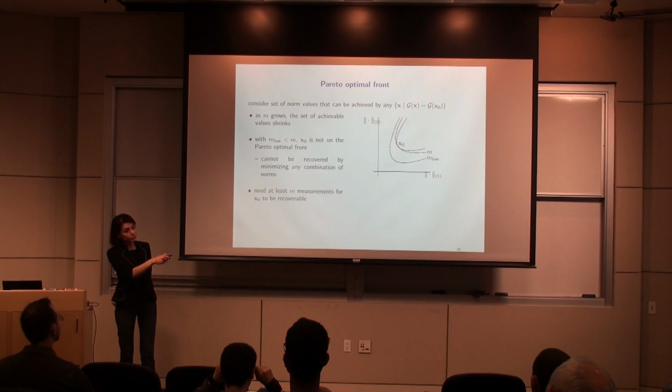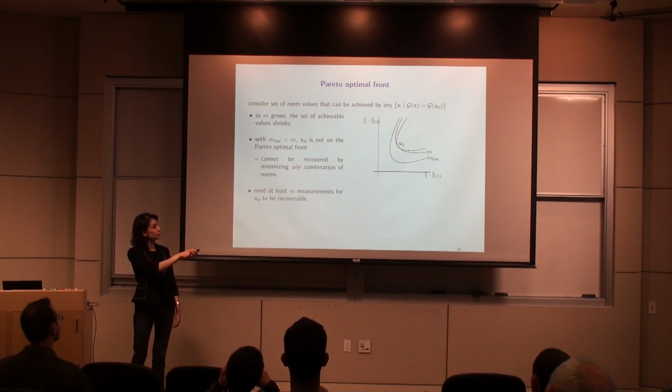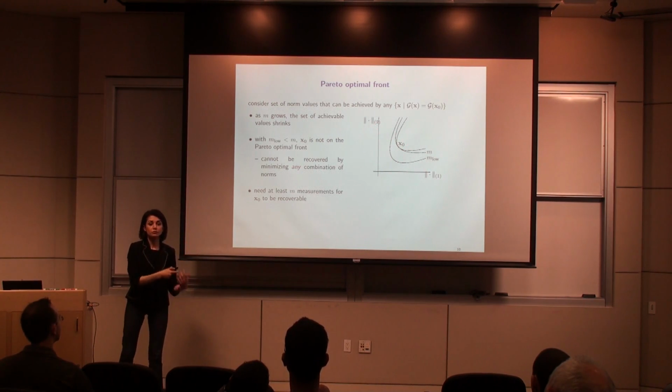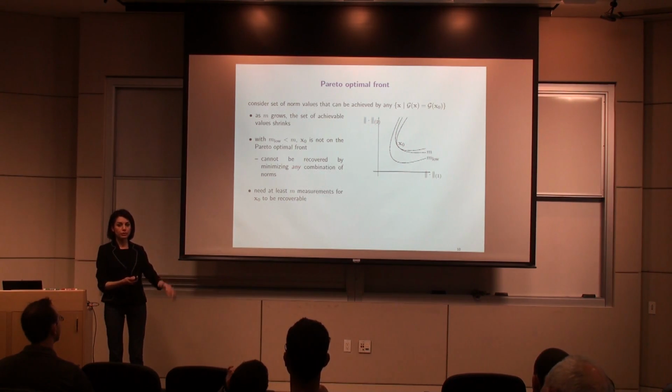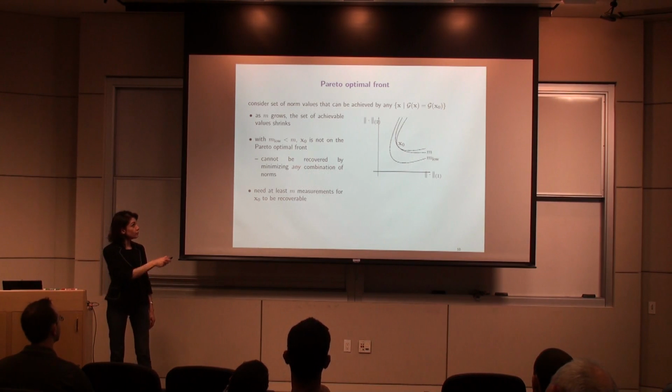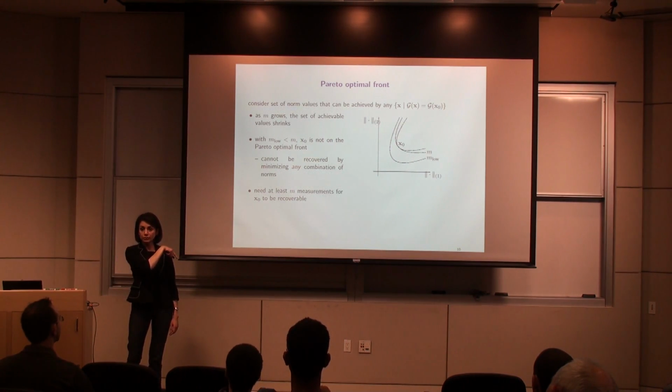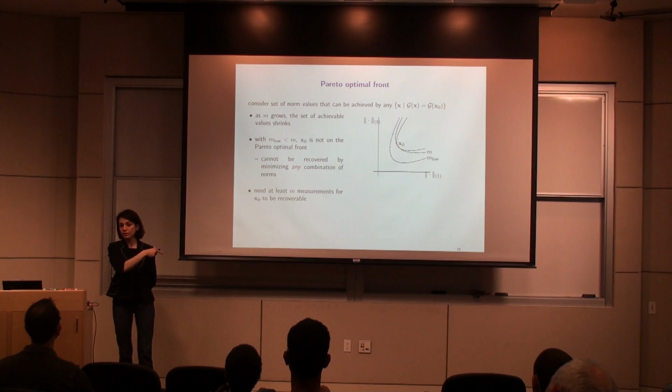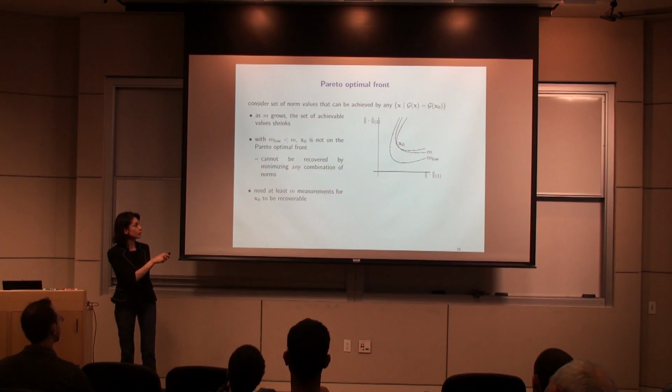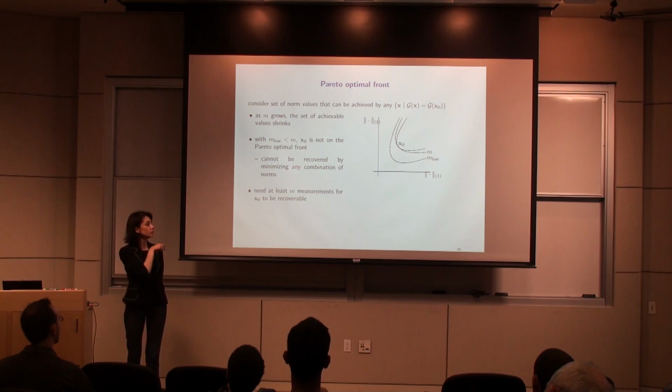If the x0 that I want to recover lies on the Pareto curve, then I can always construct, for example, a hyperplane that gives me those optimal lambdas that allow me to recover that x0. If x0 does not lie on the Pareto optimal curve, then no convex penalty will be able to recover it. No combination of these norms will be able to recover it.